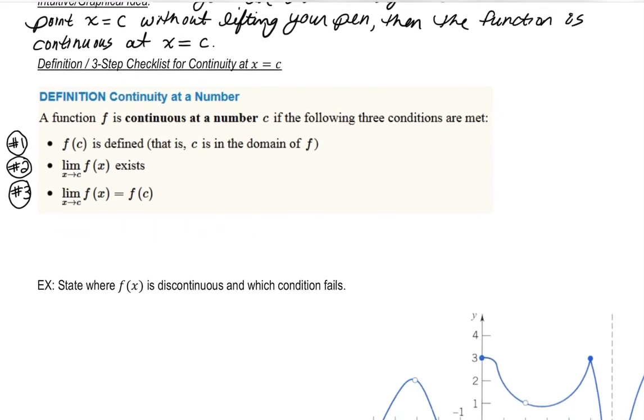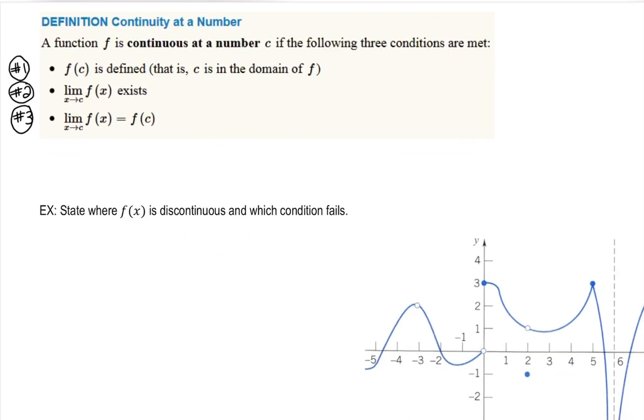All right, let's take a look at this graph we have here. We want to go through and determine where there are discontinuities, and then very specifically which condition fails. As I look at this graph, we'll assume it continues off to the left in this way.